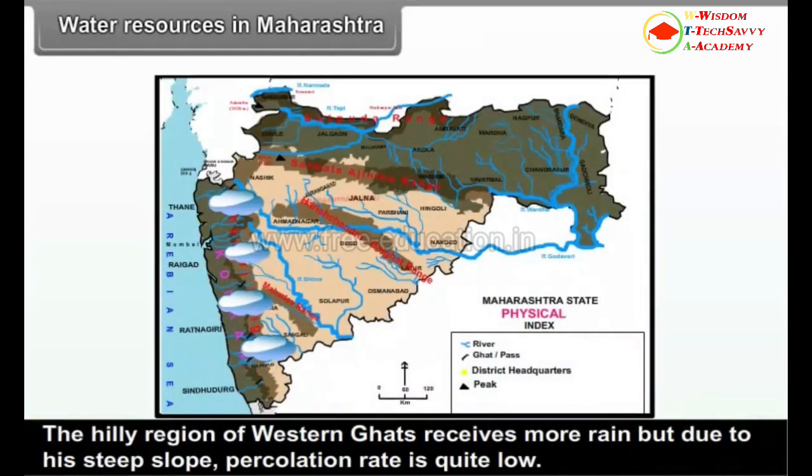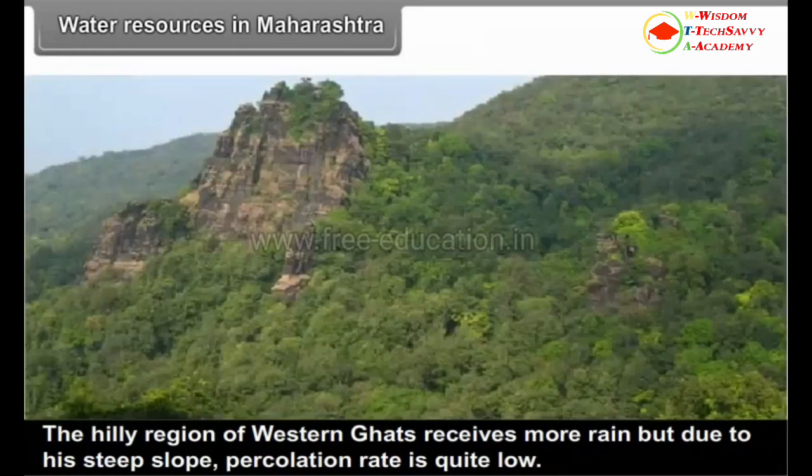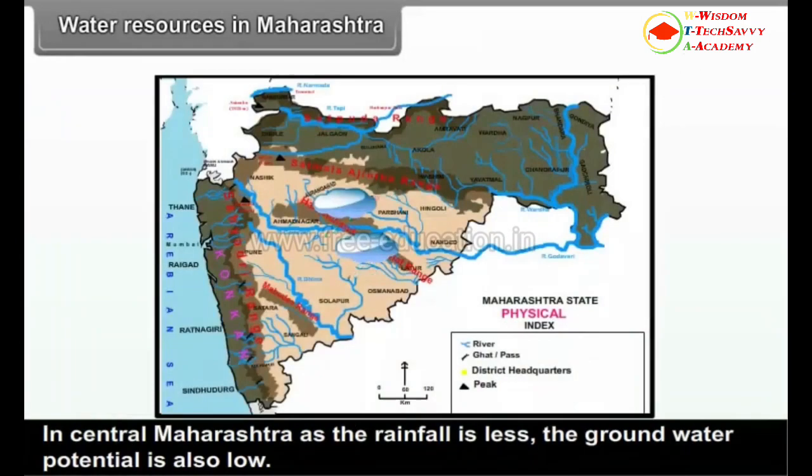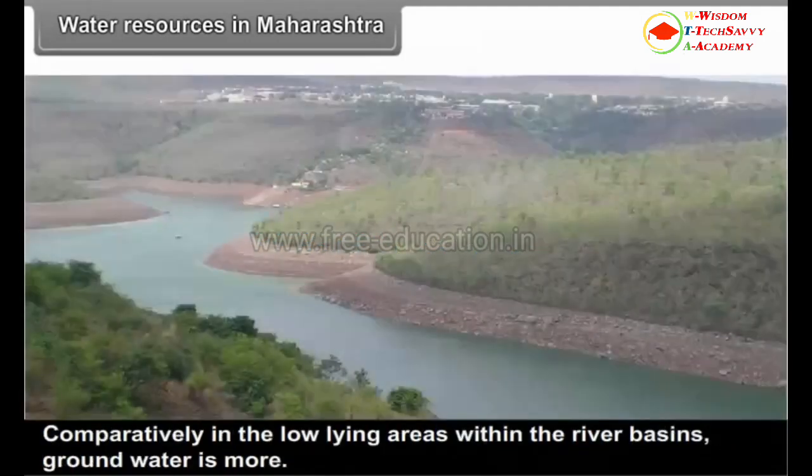The hilly region of Western Ghats receives more rain, but due to the steep slope, the percolation rate is quite low. In central Maharashtra, as the rainfall is less, the groundwater potential is also low. Comparatively, in the low-lying areas within the river basins, groundwater is more.